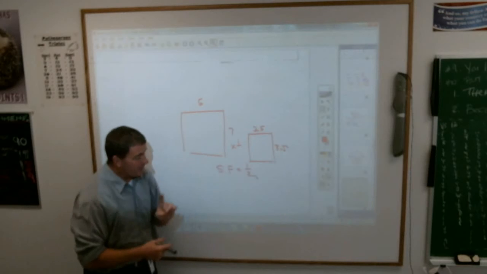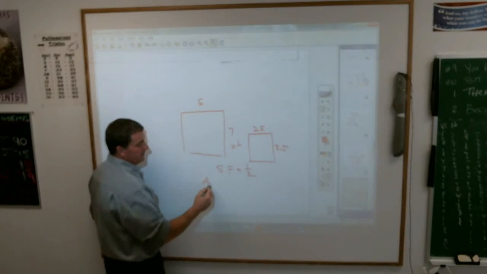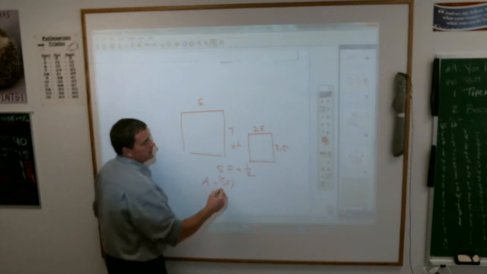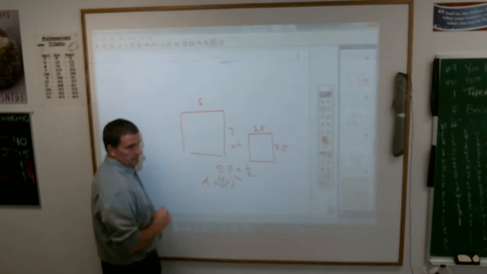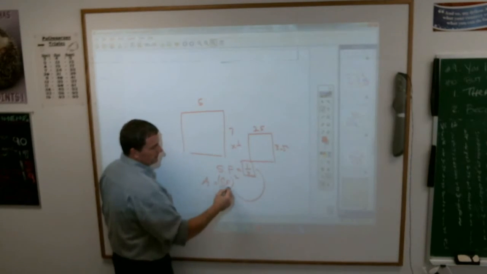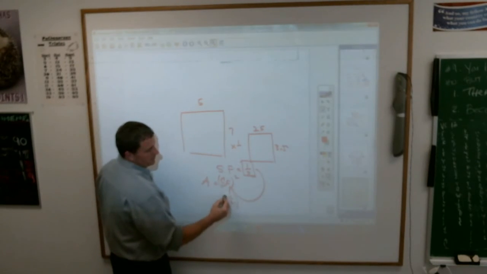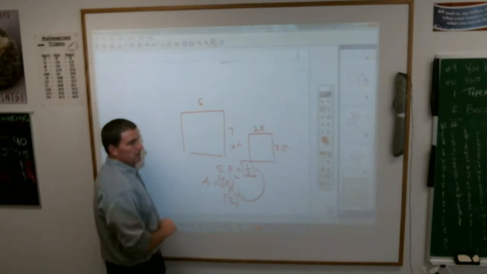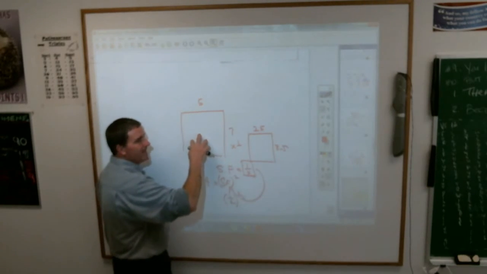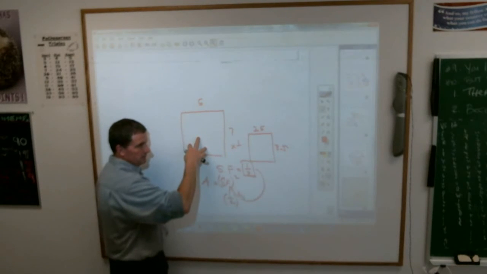If I'm talking about area, though, area is the scale factor squared. So if you know the scale factor, you just plug that in there. What is 1/2 squared? 1/4. This small picture will be 1/4 the size of that big picture.